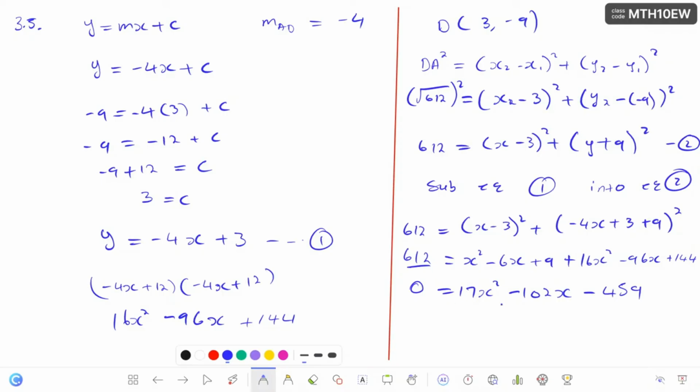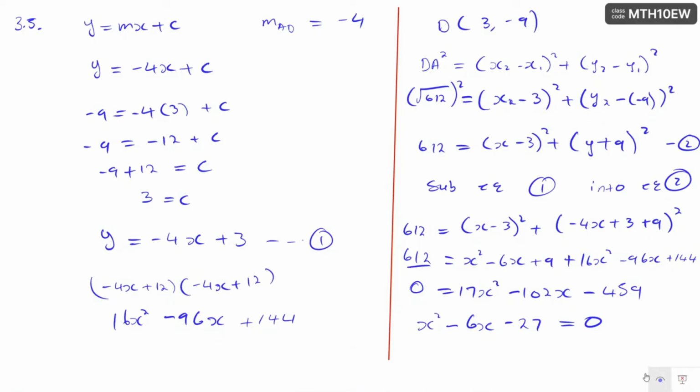So here I'm going to divide everything by 17. If I divide everything by 17, now I'm getting x squared minus 102 divided by 17 is negative 6x. Then this one divided by 17 is going to be negative 27, equals 0.